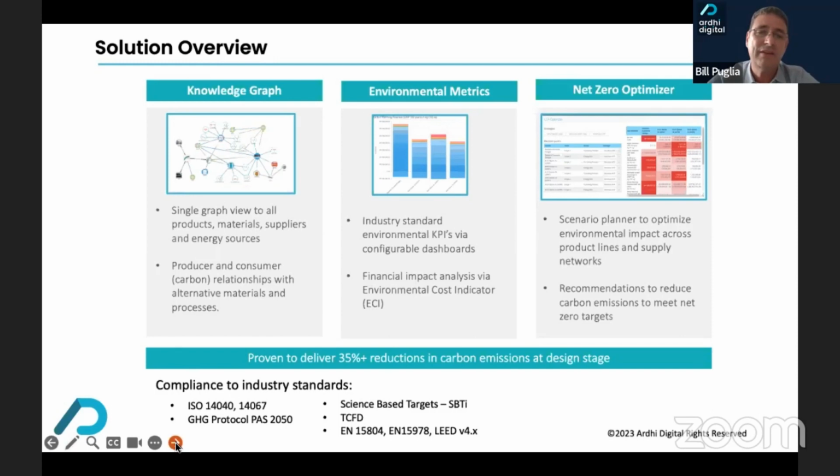So this knowledge graph has all of the interrelationships between products, materials, supplies, and energy sources all the way across the value chain. And all the relationships between nodes are shown in the knowledge graph, including dependencies.